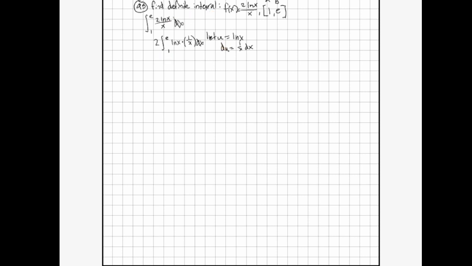So then it just equals 2 times the integral of u du. I don't know the limits because I'm putting in u du, right? And then to find the integral of u to the power of 1, I use the power rule. So 1 plus 1 equals 2, so it's u to the power of 2 over 2 times 2. You bring up 2 to the numerator, and then you cancel out the denominator, so you end up with u squared.